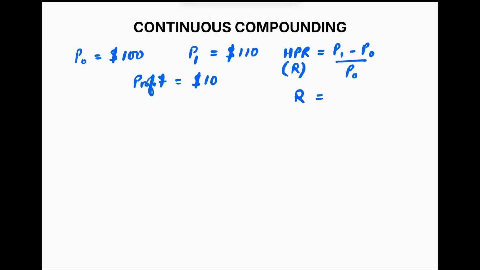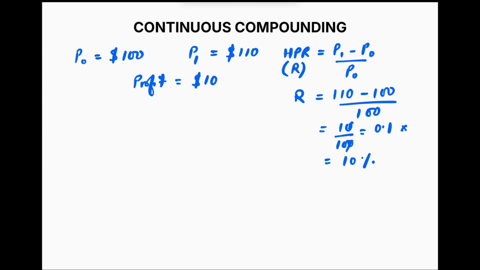So R is P1, which is 110, minus 100, by 100. So you can see that this is 10 by 100, or 0.1, or you can write it as 10%, right? If you multiply by 100, it will be 10%.